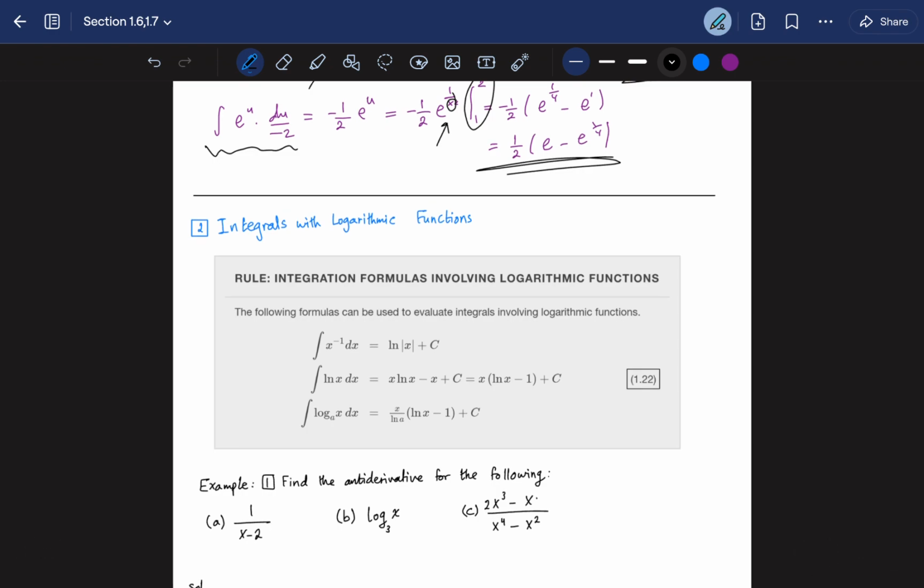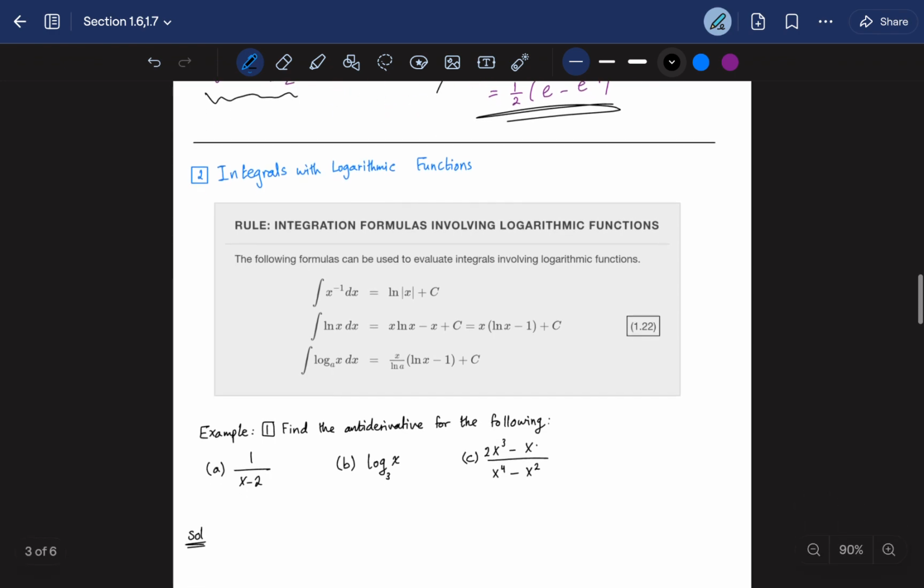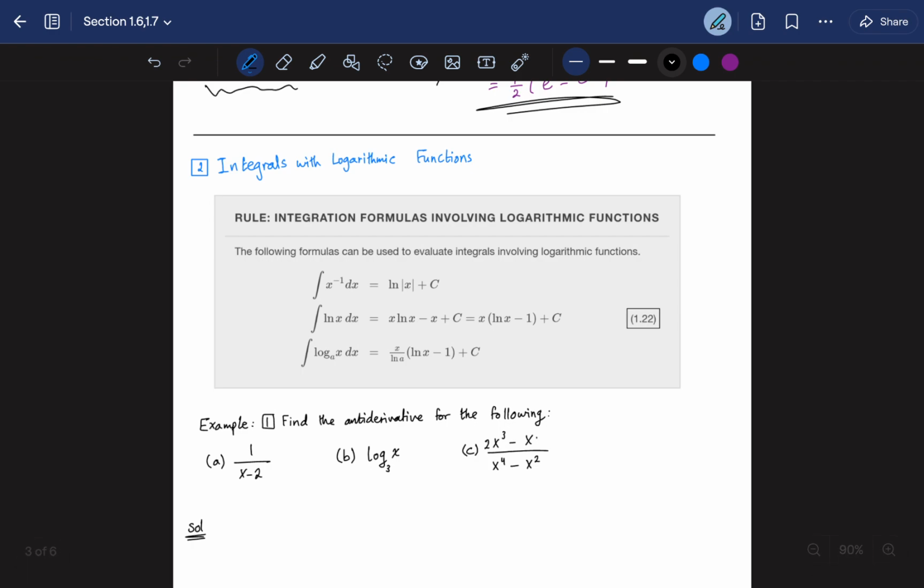Okay, and now let's move on to logarithmic functions. So here we have three main formulas that are helpful. If I'm integrating x to the -1, this is equivalent to integrating 1 over x dx. So when you have that, it's just ln of x with absolute value.